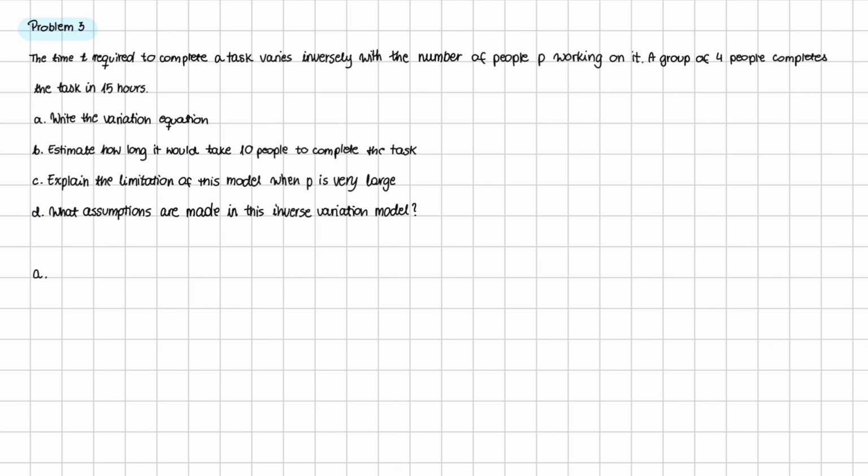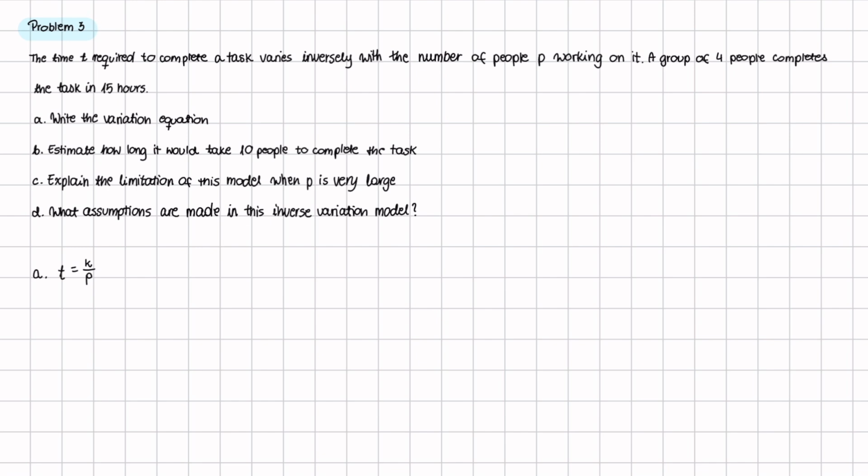So our t equals, and here it is always the same, so our constant over our variable, so here number of people p. So it looks like this.